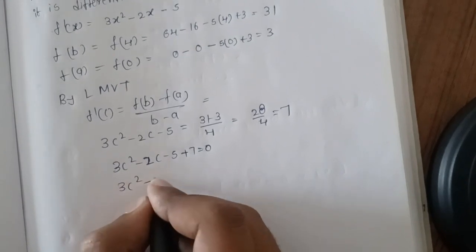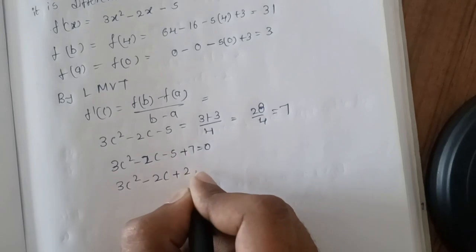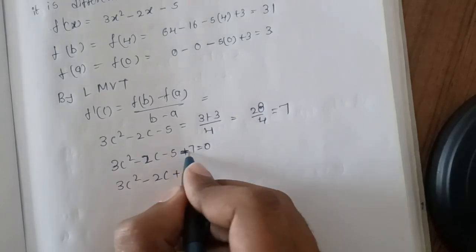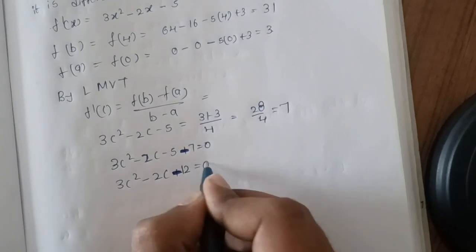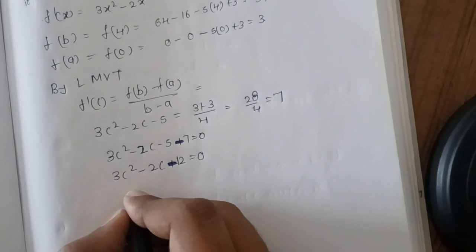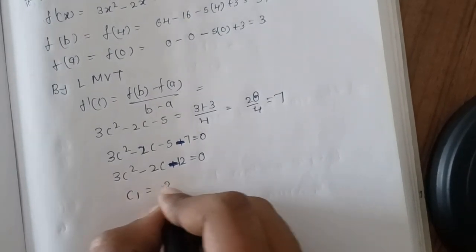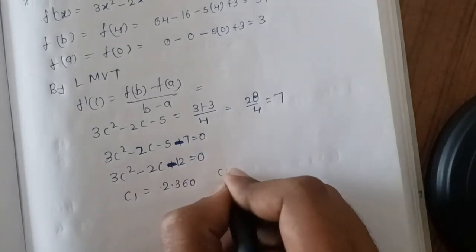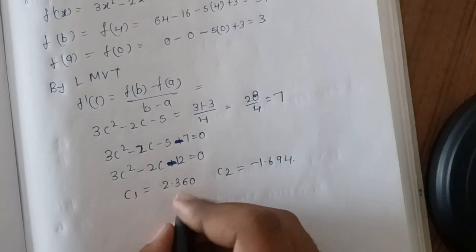3c square minus 2c minus 12 equals 0. And next, on solving the above equation, we get the value of c: c1 is equal to 2.360, and c2 is equal to minus 1.694.